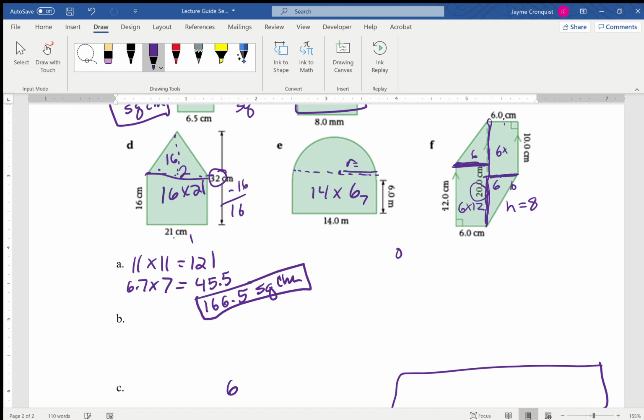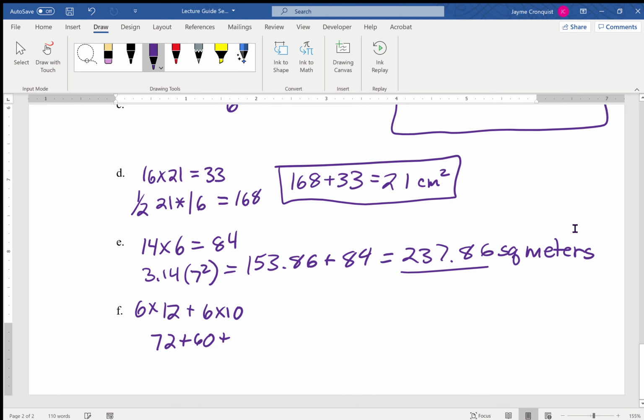On this side here, it's again going to be 20, but now minus 10. So the height is 10. All right, so I have two triangles, 6 by 8 and 6 by 10. So I have 1/2 times 6 times 8 and 1/2 times 6 times 10.